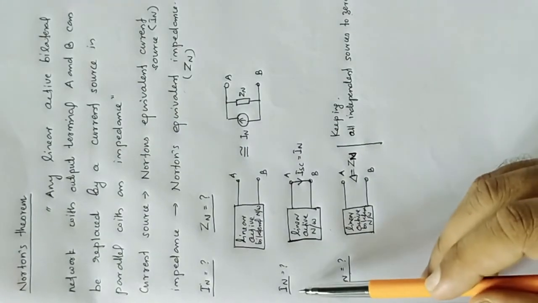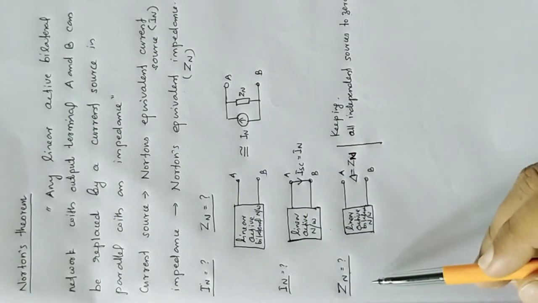In this way, we can find Norton's equivalent current and Norton's equivalent impedance.